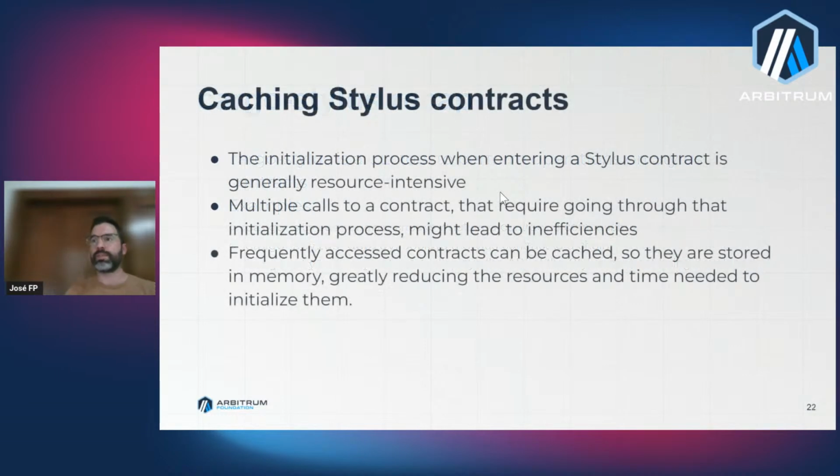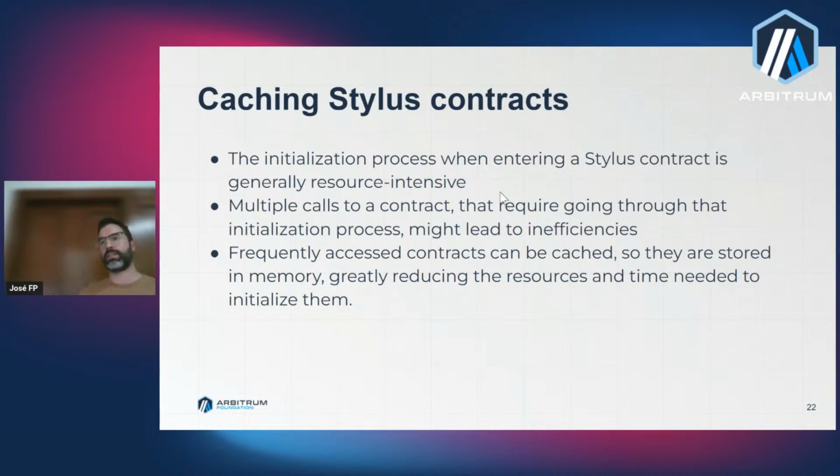All right, caching. So why do we need to cache our Stylus contracts? Just to explain a bit how it works, when we access a Stylus contract, because we are running a transaction through it, what happens at the node level is the node is going to get the bytecode of that contract and load that into memory.